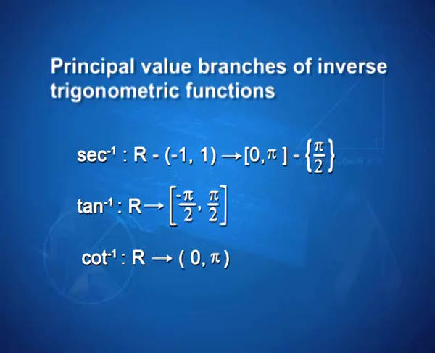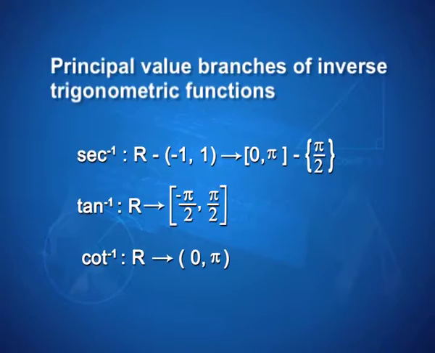Similarly, when we talk about tan inverse, it will be defined from all real numbers to the open interval minus pi by 2 to pi by 2, because again all odd multiples of pi by 2 are not in the domain of tan, and therefore, when I talk about the principal value branch of tan inverse, the range will be an open interval minus pi by 2 to pi by 2. Same reason holds for cot inverse.